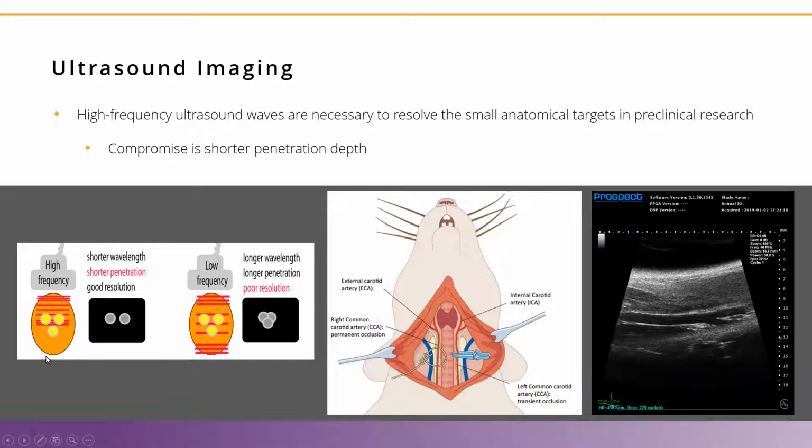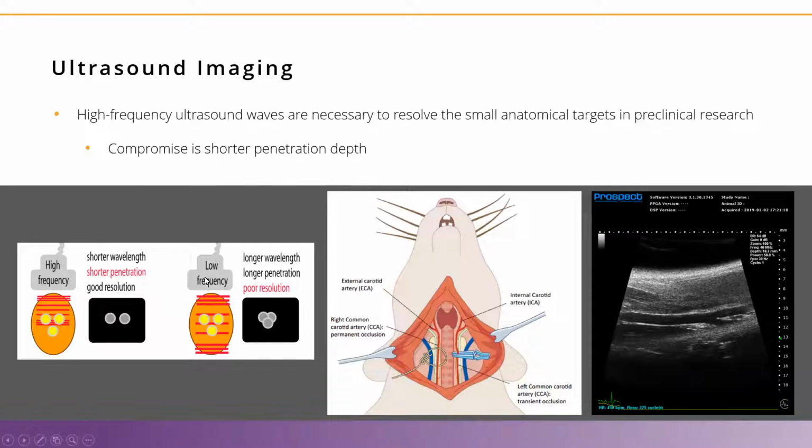So within our anatomical target, if we have these 3 dots as examples of what we're looking for, with high frequency sound, we're going to be able to see that there are in fact 2 separate entities that we're able to image. However, we may only be able to see the ones on the top and not deeper. And that's because, again, we're using high frequency sound that may not penetrate quite as deep. When we go into the clinical world, often we're using lower frequency sound.